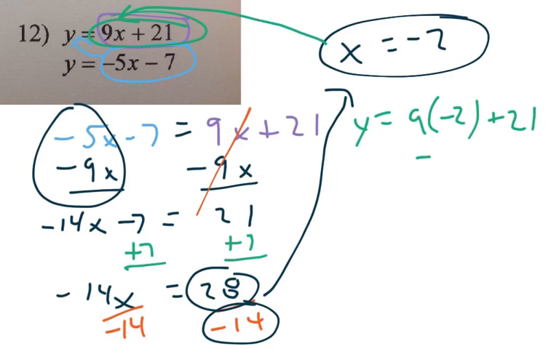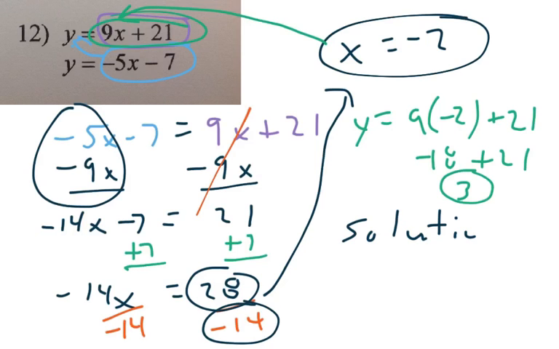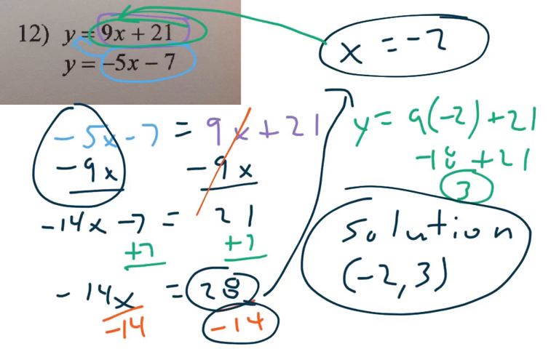And just doing the math, that means negative 18 plus 21. And of course, that means y must be positive 3. So our final answer, our final solution, it's a good word to get familiar with, is x negative 2, y 3. And this is a point, guys.